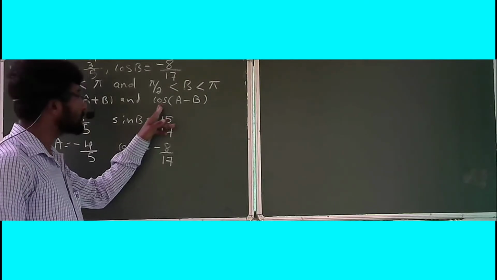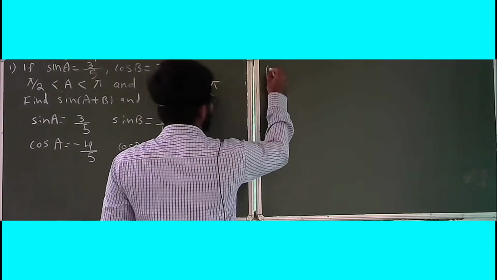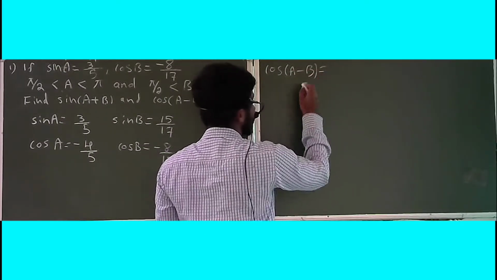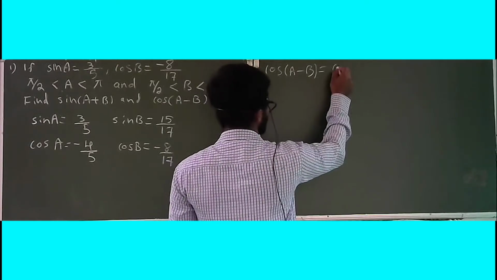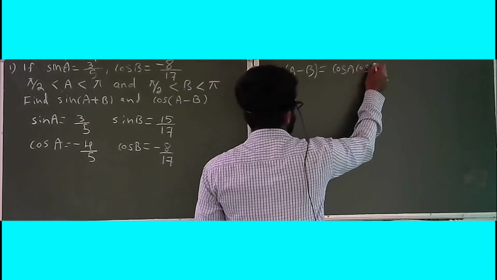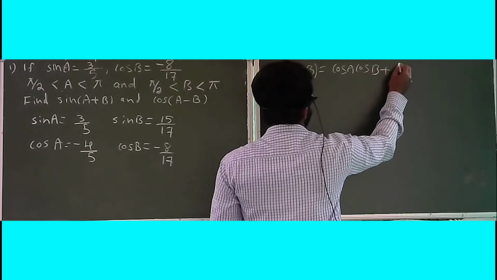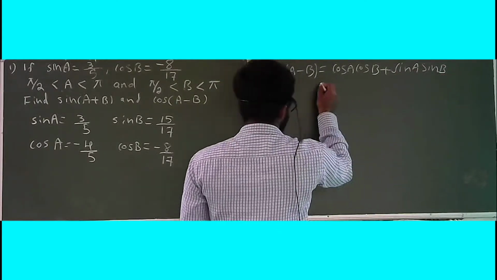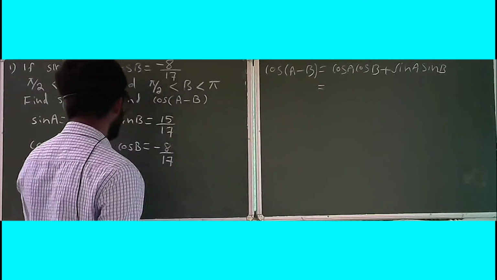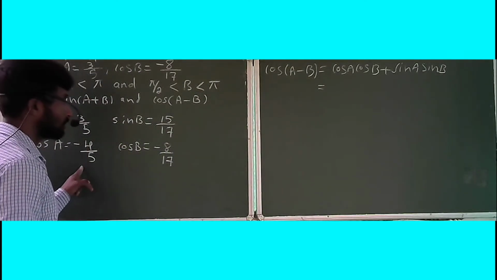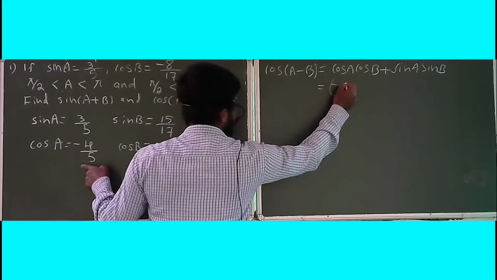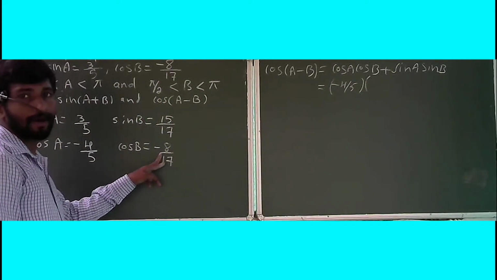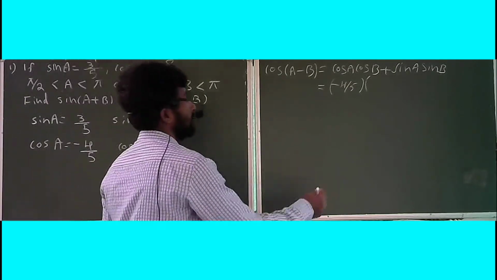The second question is cos of A minus B. Cos of A minus B, apply the formula: cos of A minus B is equal to cos A cos B plus sin A sin B. Okay. Now substitute the values of cos A and cos B. Cos A value is equal to minus 4 by 5 into cos B. Cos B value is equal to minus 8 by 17.